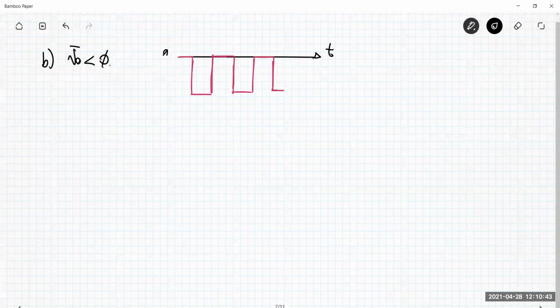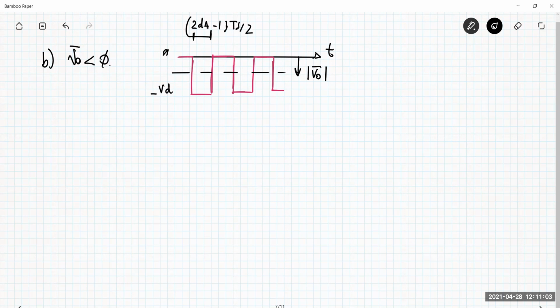So we have 0 and negative Vd. The average value is here. Negative value. The width is again (2 times dA minus 1) Ts over 2, and this is Ts.